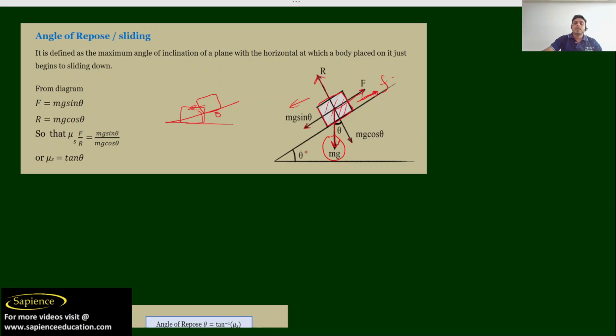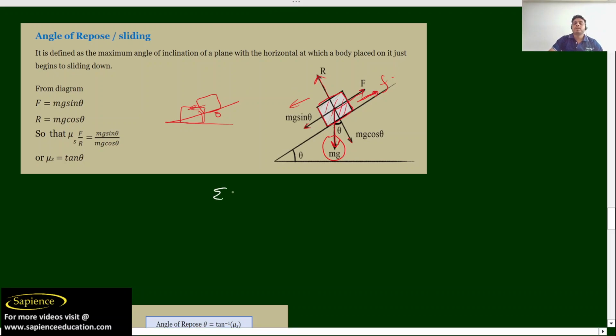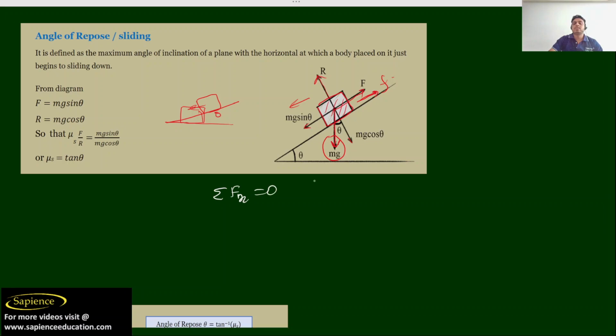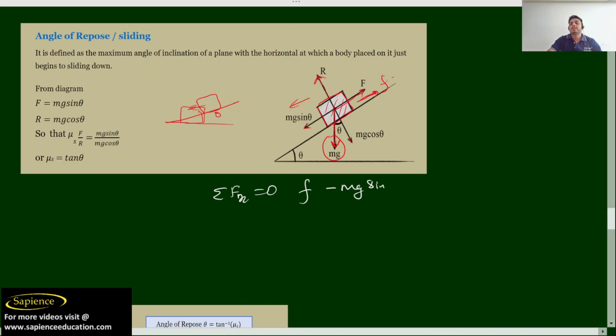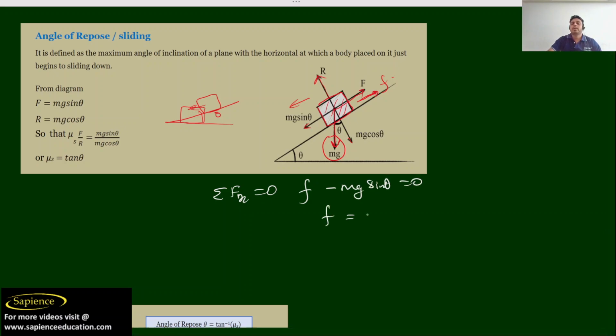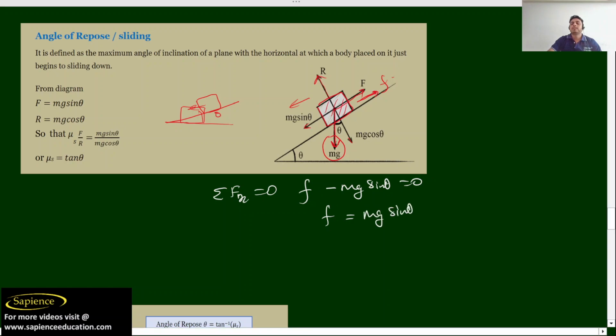Now by using the equilibrium equation, can we write Fx equal to 0, that is frictional force minus mg sin theta is equal to 0, or we can write F equal to mg sin theta. Now for the reaction force, by using the summation of forces in the y direction, we can write reaction force R minus mg cos theta equal to 0.